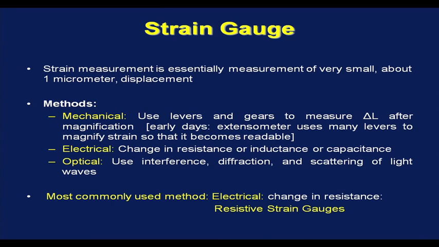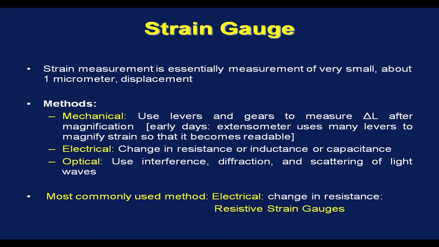Electrical methods use properties such as change in resistance or inductance or capacitance to measure strain. Optical methods use interference, diffraction and scattering of light waves.